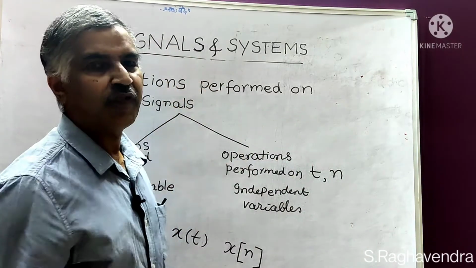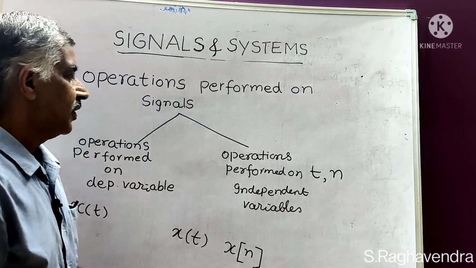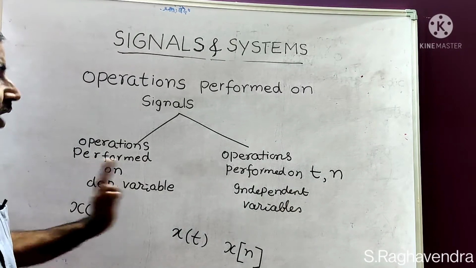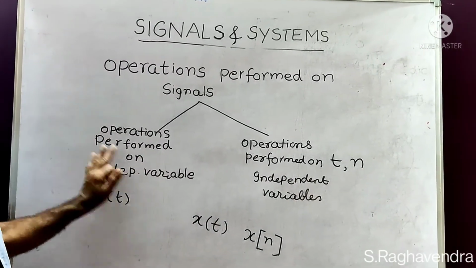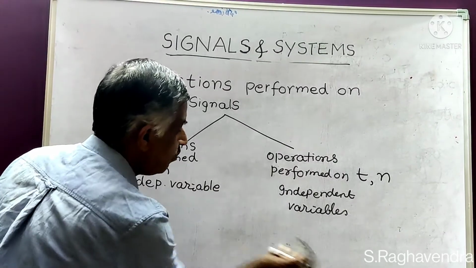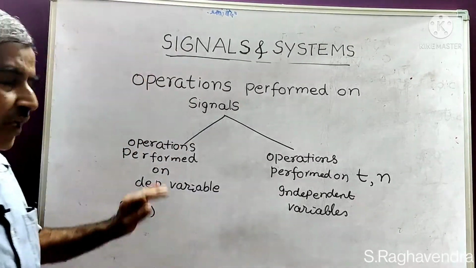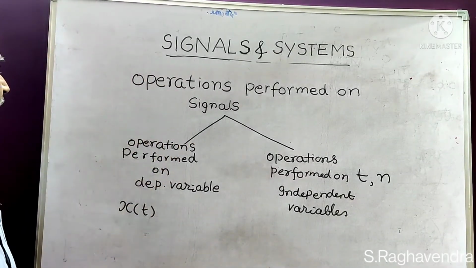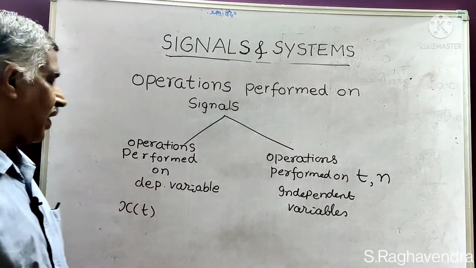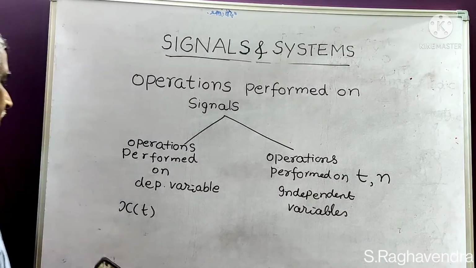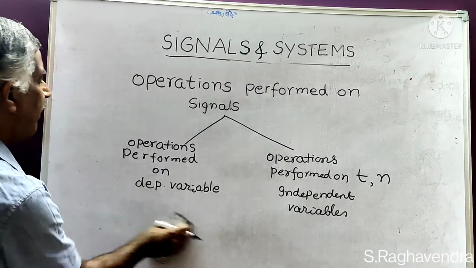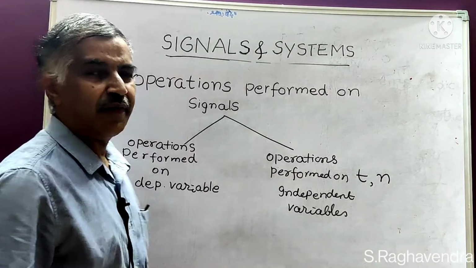There are three types of operations that are performed. I will take them up in detail later. For the time being, you understand what the dependent variable is and what the independent variable is. Among the operations performed on the dependent variable, there are three types. I will take one important one from the subject point of view.